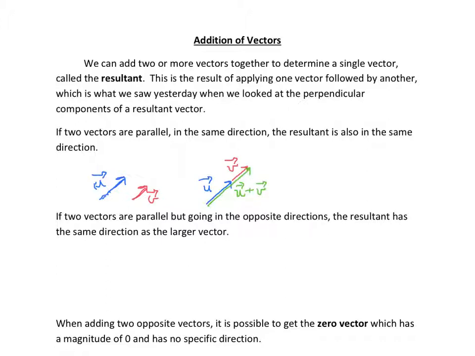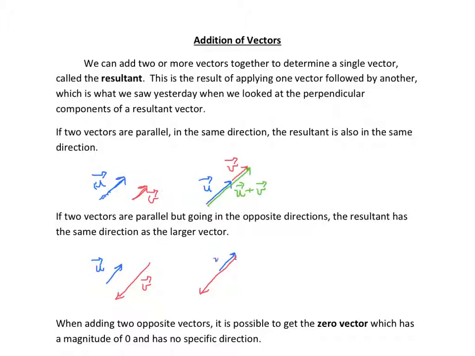If two vectors are parallel but going in opposite directions, then the resultant will have the same direction as the larger vector, longer vector, I guess I should say. So if we have vector u, and then we're going to apply vector v, and maybe it goes in this opposite direction, then if we apply vector u, then from where we left off, we apply vector v.